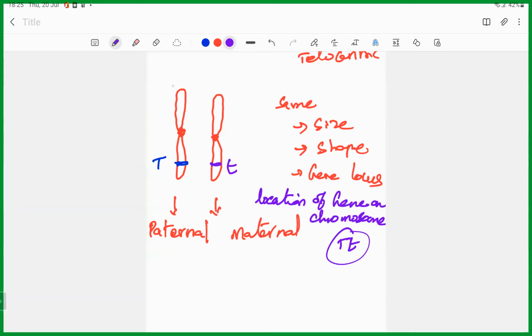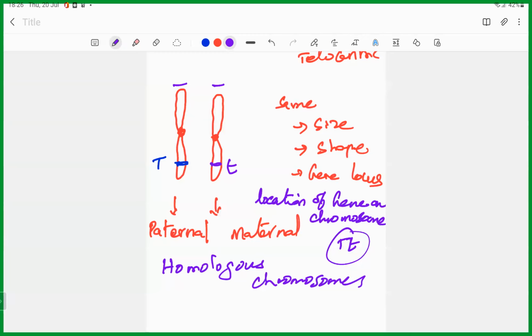See, look at this. Both of the chromosomes you are comparing are homologous chromosomes. They have same size, same shape, same gene locus. They are called homologous. Upper chromosome number 1. You know that chromosomes exist in pairs.